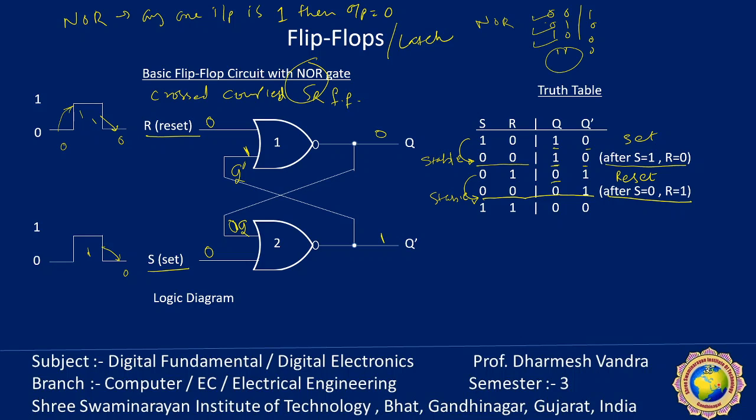So if both inputs are 1, 1, then with Q and Q dash, if any one input is 1, then 1 plus Q dash is equal to 1 and its complement is 0. So it does not depend, Q and Q dash are both 0, 0. If any one input is 1, the output is 0. So Q and Q dash, this is called an indeterminate state.